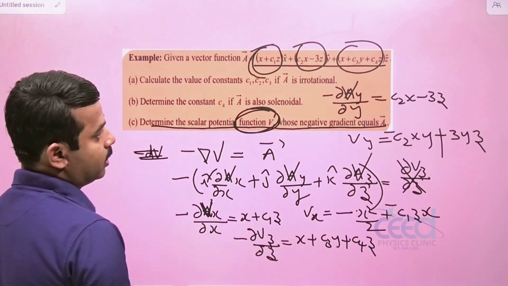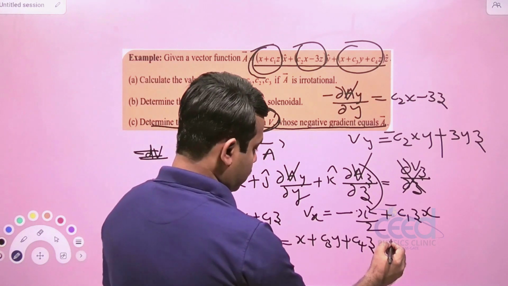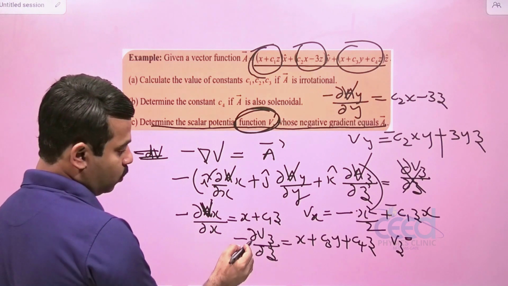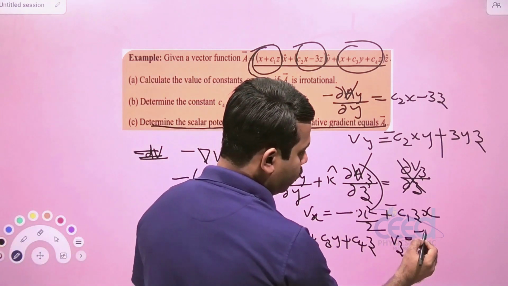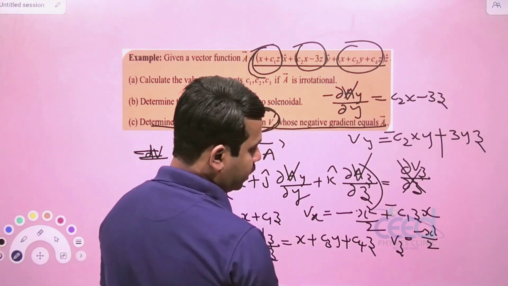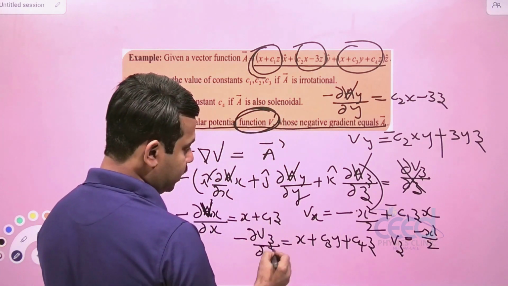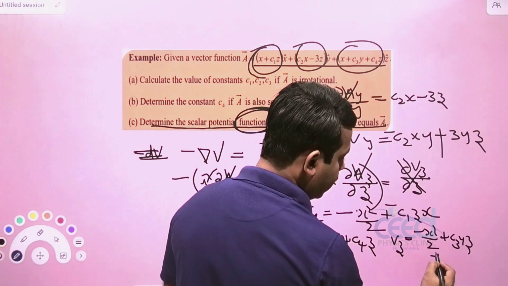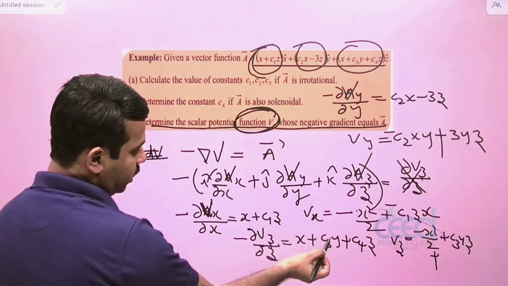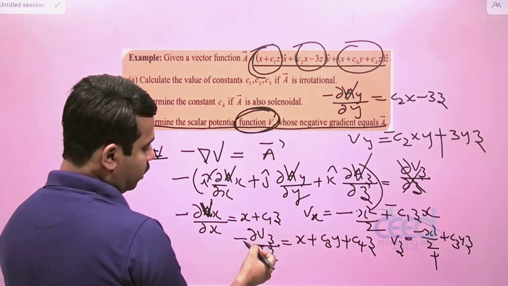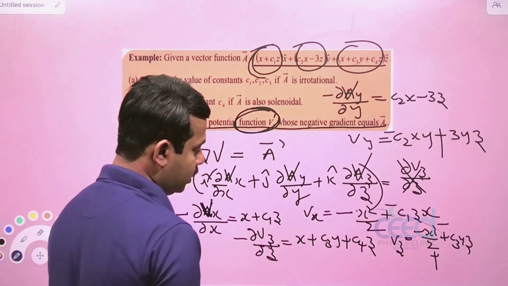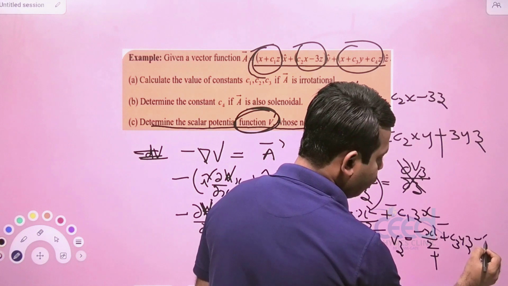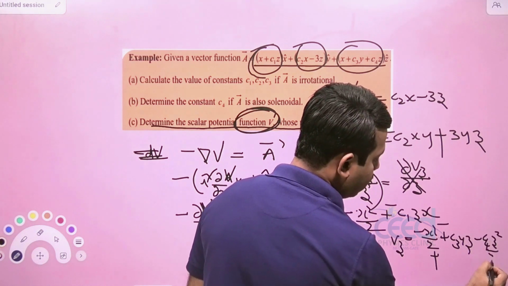So Vz is equal to minus x square by 2, plus C3yz, with the minus also coming here, and next minus C4z square by 2.